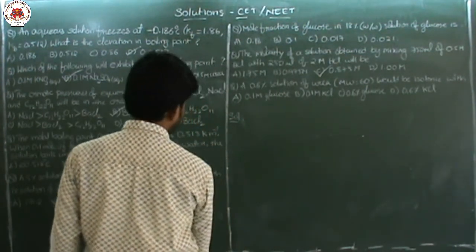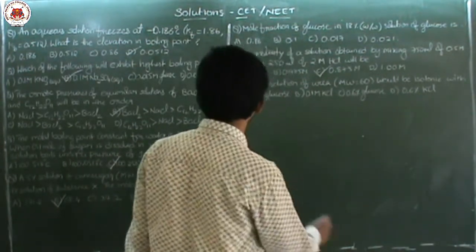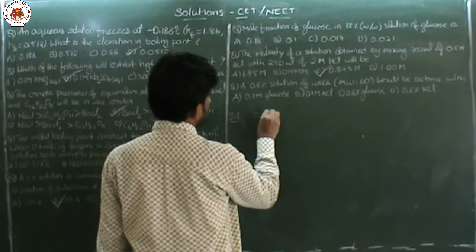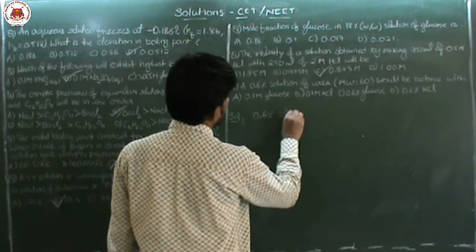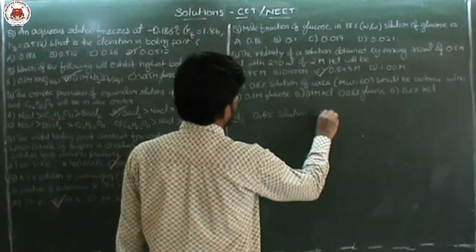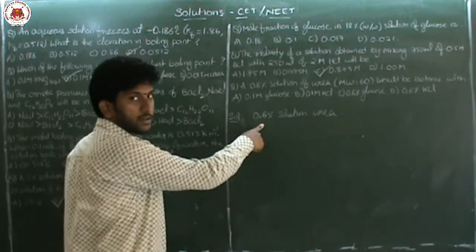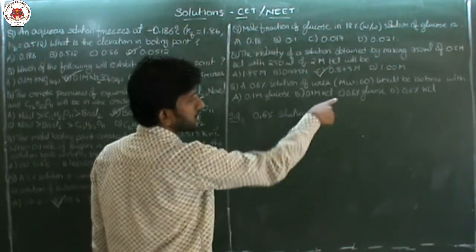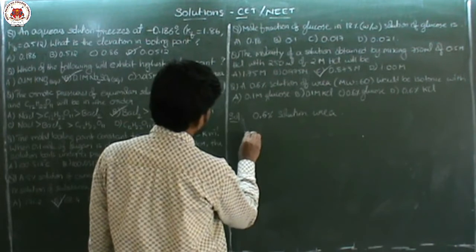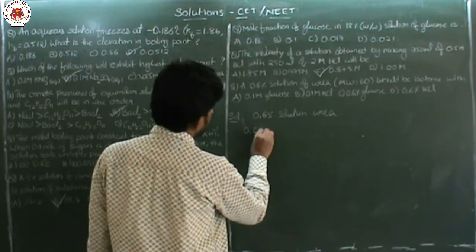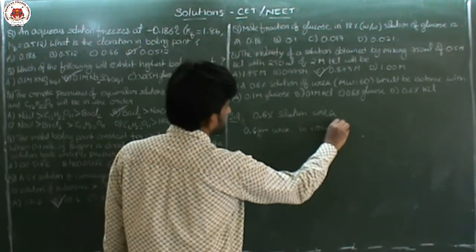Next question: a 0.6% solution of urea will be isotonic with which solution. First of all, let us know the concentration of the 0.6% urea solution, then you can check with the isotonic condition. 0.6% means 0.6 grams of urea is present in 100 ml of water.